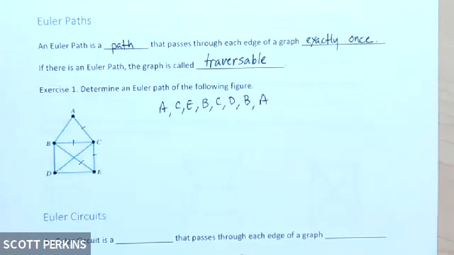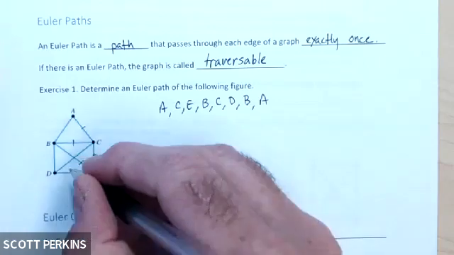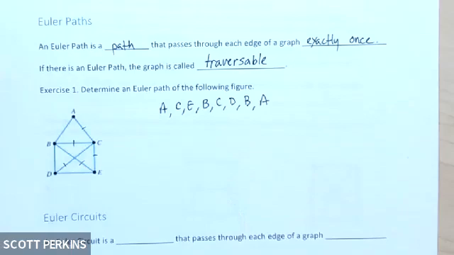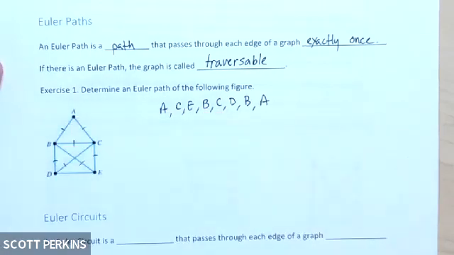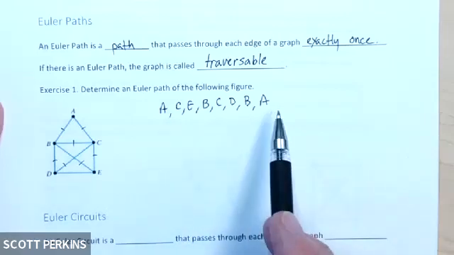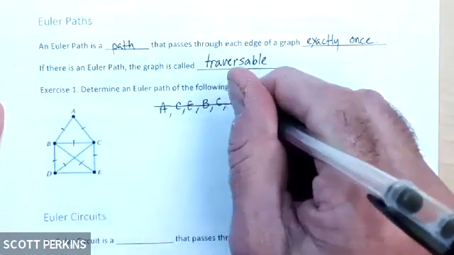And then from C down to D. And then from D up to B. And then from B over to A. And that seems like we crossed every edge exactly once except for one. Which one did we skip? Okay, we did not go D to E. So that's a good attempt. I appreciate it, but that's not quite right. That's okay. We'll try again.